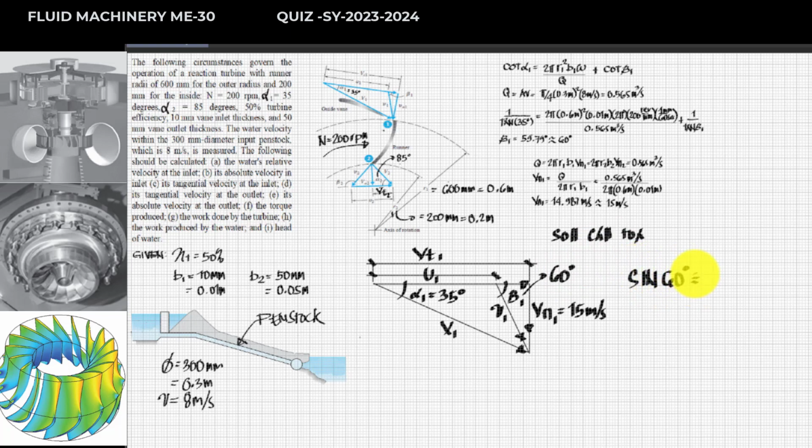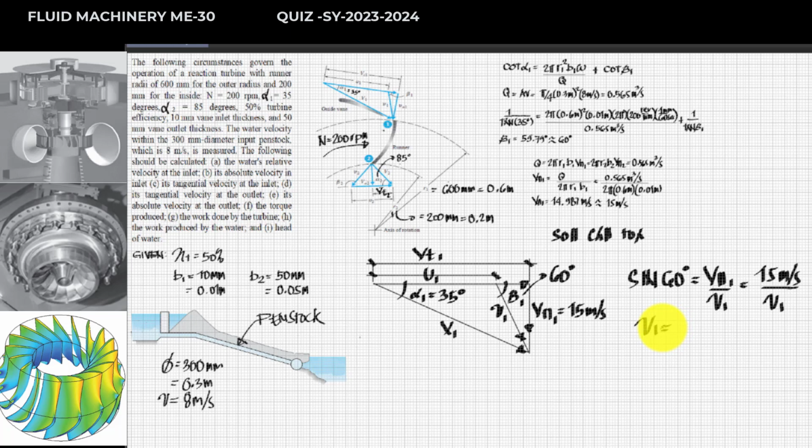And this is equal to my opposite, which is my Bn sub 1 divided by my relative velocity at point 1. Or let's say the Bn sub 1, that will be 15 meter per second, and this is all over divided by the value which is unknown, the relative velocity. Now we can solve the value of the relative velocity, pressing your calculator.